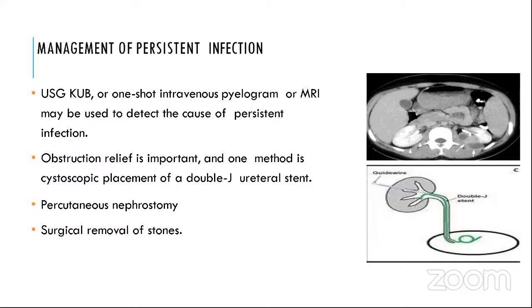Obstruction relief is important, and one method, cystoscopic placement of a double J urinary stent, may be required. Percutaneous nephrostomy can be undertaken for drainage and surgical removal of stones. These are the management options for persistent infections with mechanical causes.